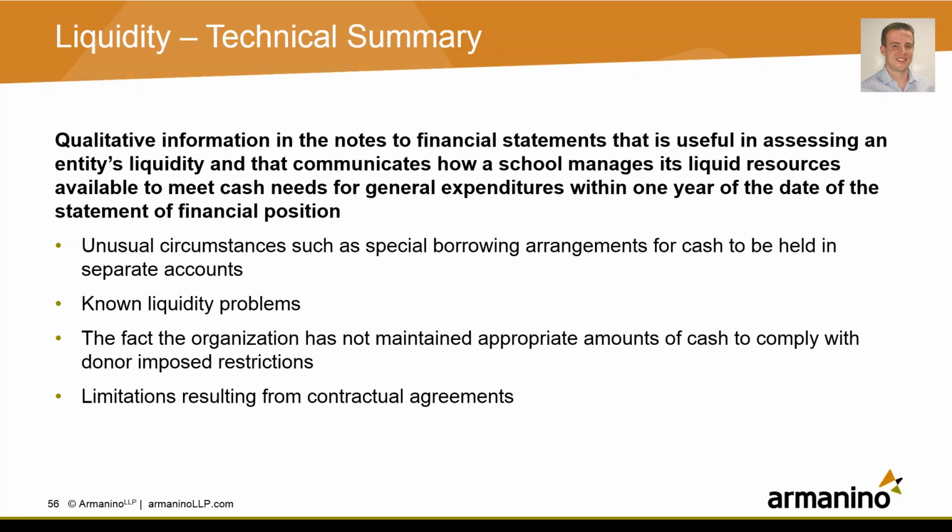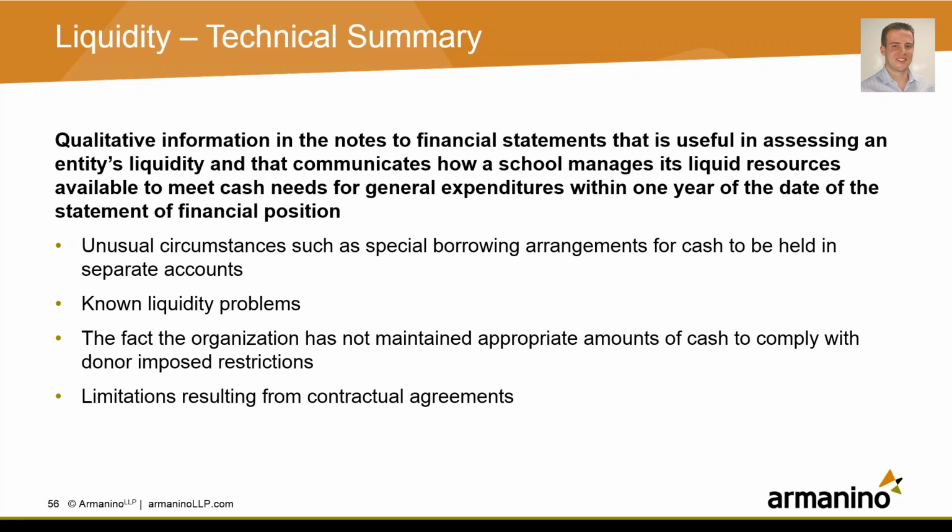So the new guidance talks about a couple different things. You're required to present both qualitative information as well as quantitative information. So qualitative information to consider: if there are special borrowing arrangements as part of a debt agreement, where a certain amount of cash has to be held in a specific account, obviously that's not liquid, so you would talk about that.